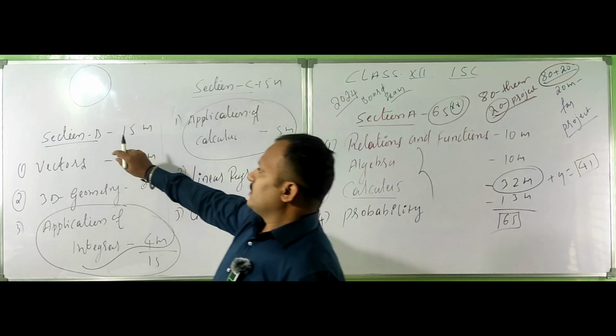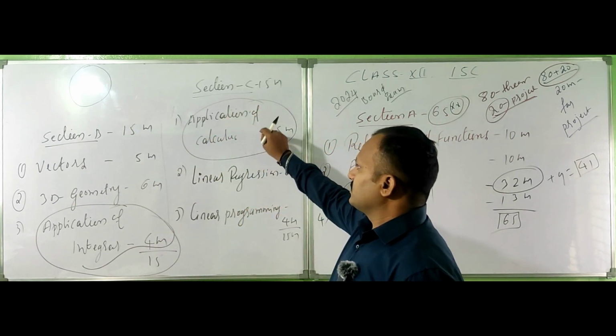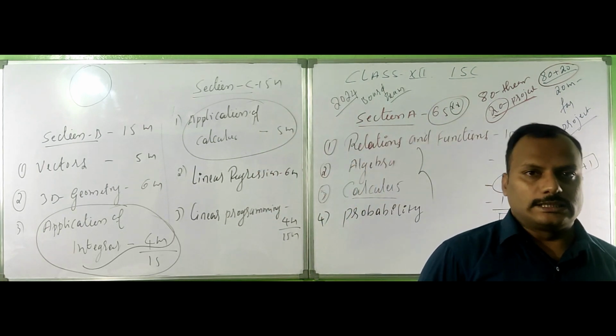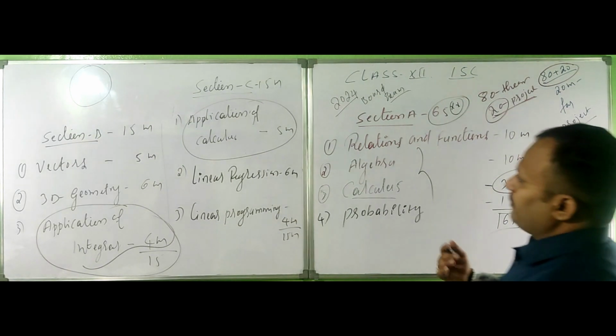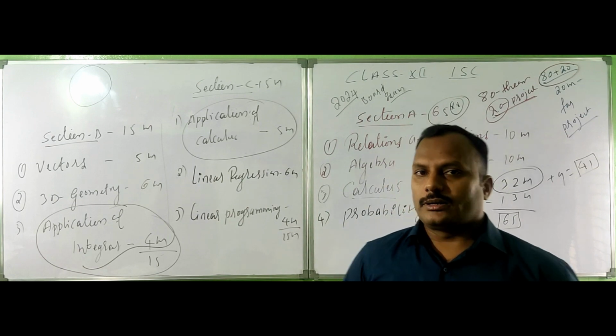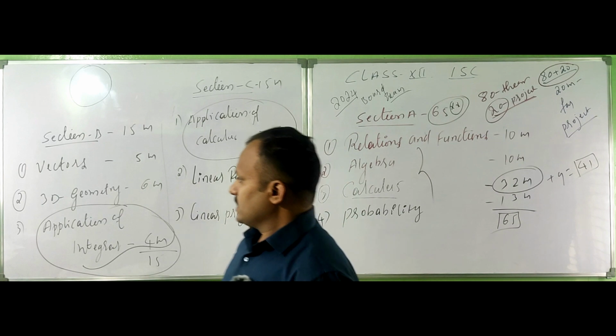If you take section B, you have to solve all the questions from it. If you want to solve questions from section C, you have to study those 3 chapters. It depends on your easiness, your capacity, the question paper pattern and available books. So you can choose section B or section C.